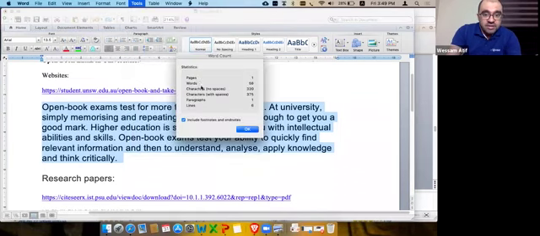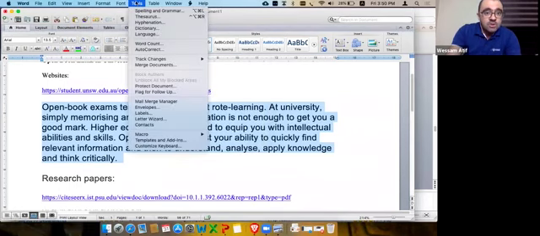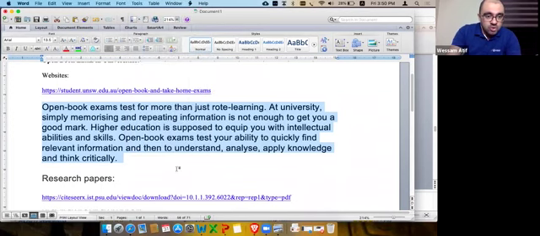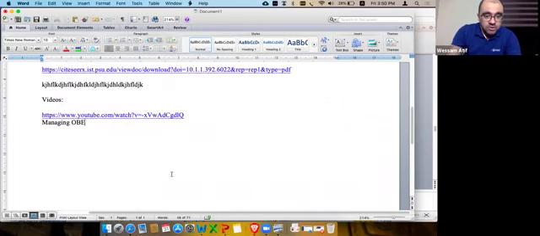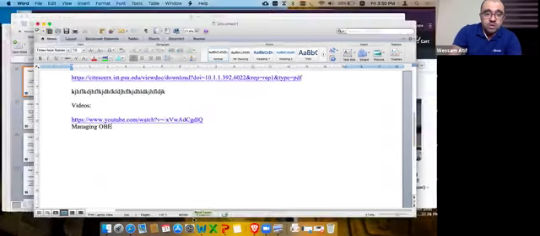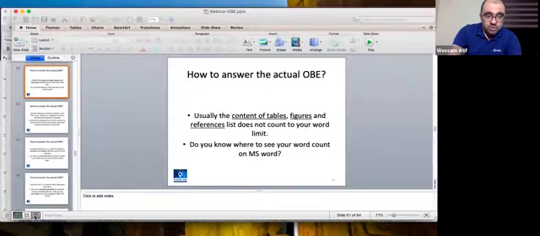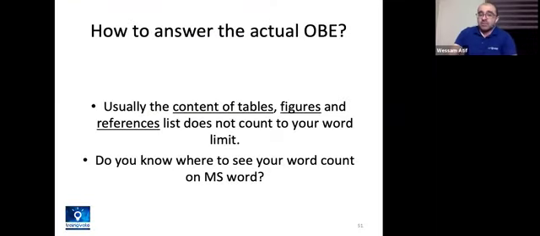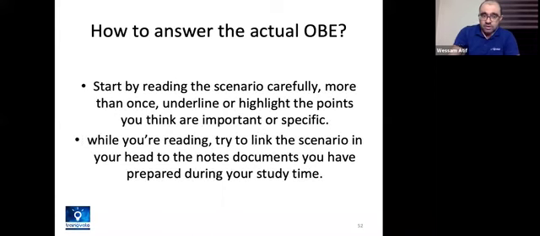And it will give me that the words in this paragraph are 56. Okay, so you can see here. So again, it's either from tools, word count, or you can see it down here. It will show you where you are and the total. So in here, for example, it should be 71 out of 71 words. Okay, so now I hope you know how to find your word count. And again, tables, figures, reference list do not count as part of the word count.